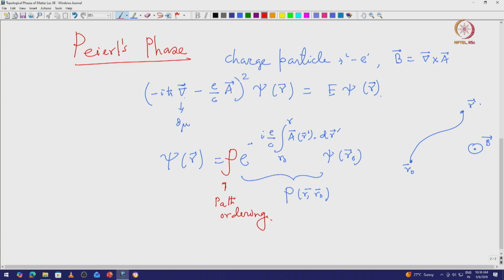All right. And this is the quantity that's called, let me put the I, called Peierls phase.